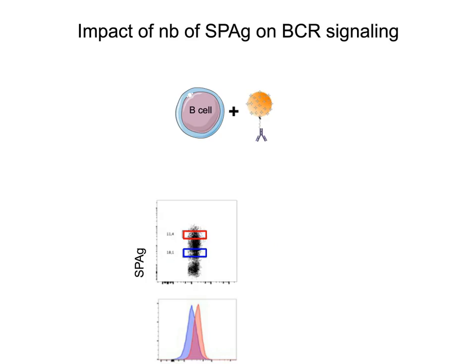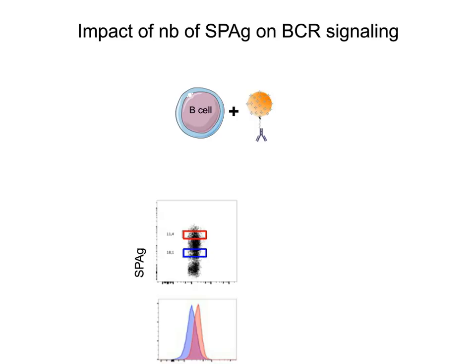Now if you consider a single type of SPAG with a certain amount of anti-kappa at its surface, it will trigger phospho-BLNK in B cells, as I've shown you before. But whenever you put this SPAG on the B cells in suspension, not all the B cells will contact the same amount of SPAG.